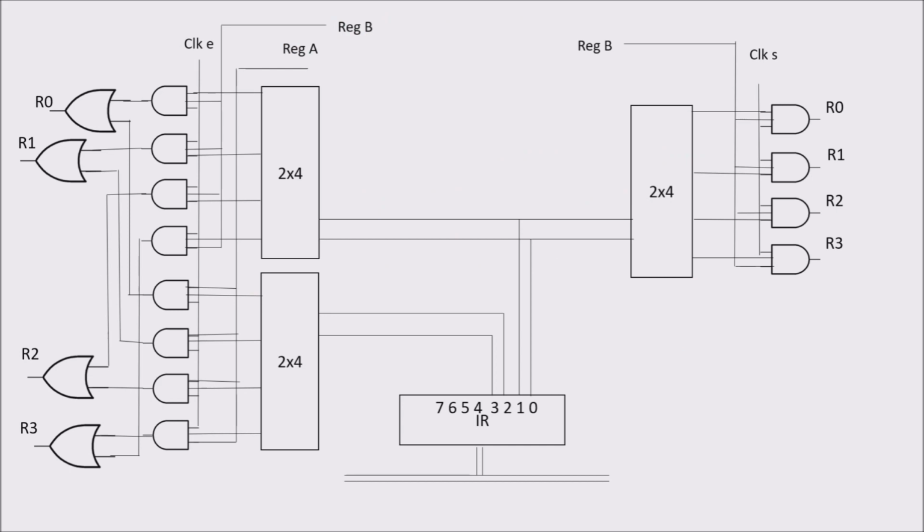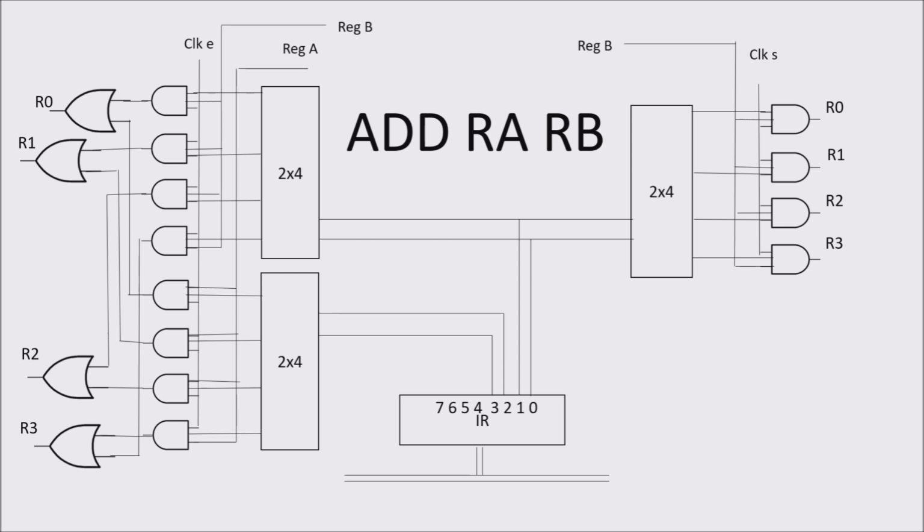Since our general instruction takes the form of doing some operation with RA and RB and putting the result in RB, we need to act on the enable of both RA and RB and on the set of RB only, because the result is stored only in RB.